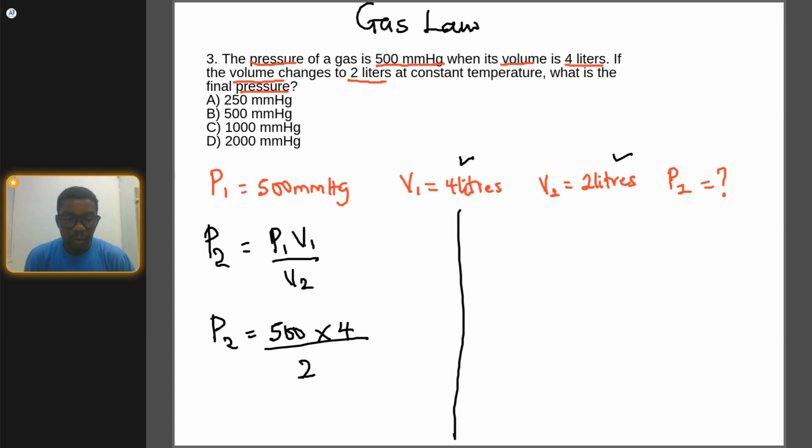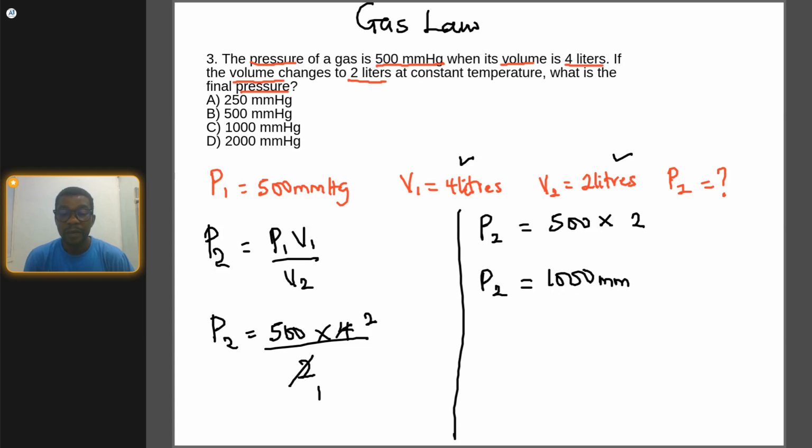So for this, we have 2 divided by 2, that is 1. 4 divided by 2, that is 2. We have P2 equals 500 multiplied by 2. P2 will be equal to 1000 millimeter mercury.